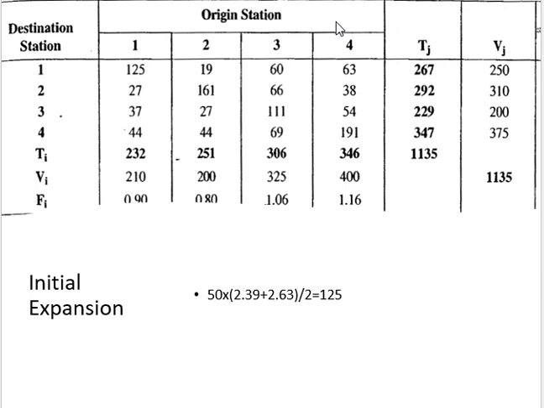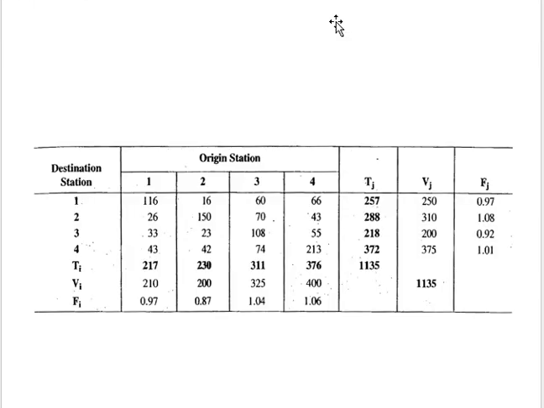So this will be 116. Again the summation will be repeated for all the numbers. When the numbers change, the total will also change, and with the new total you will have the new factors.